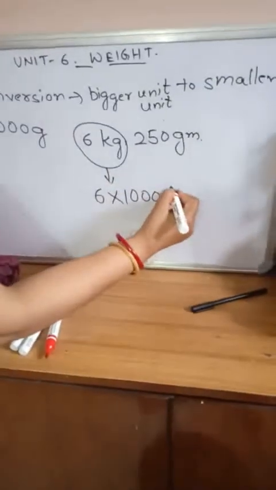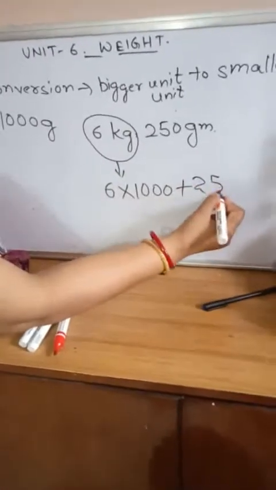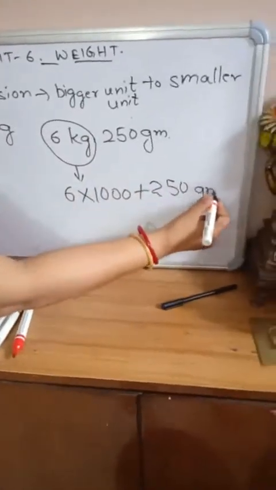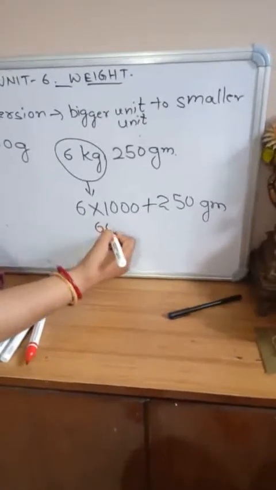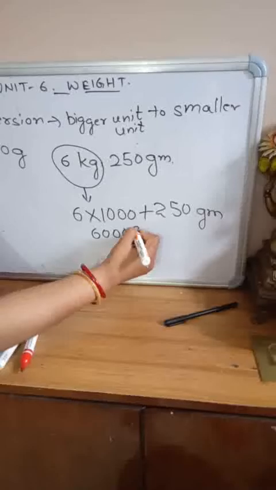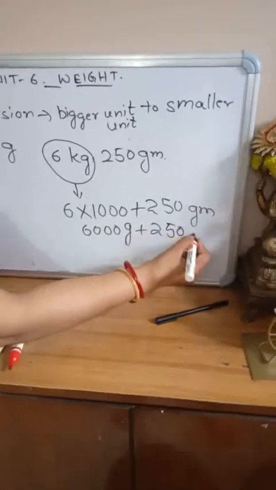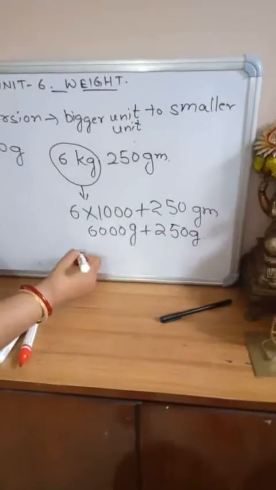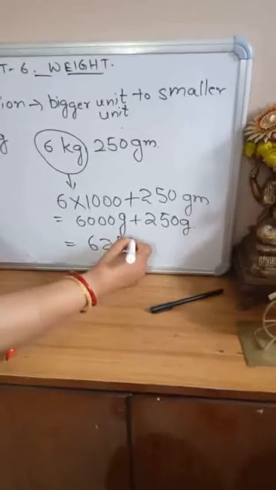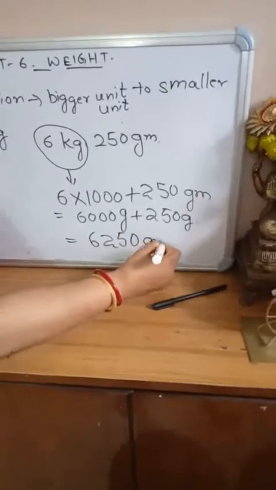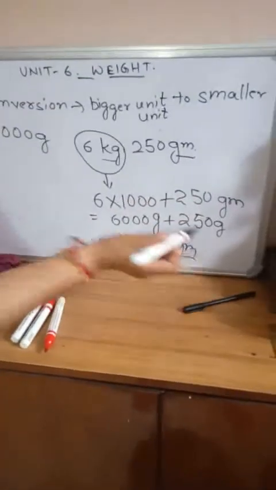Then add this 250 gram along with it. After multiplying 6 by 1000, it becomes 6000 gram. Add this 250 gram. So after addition, it will be 6250 gram. In this way, you see that kilogram and gram is converted into gram.